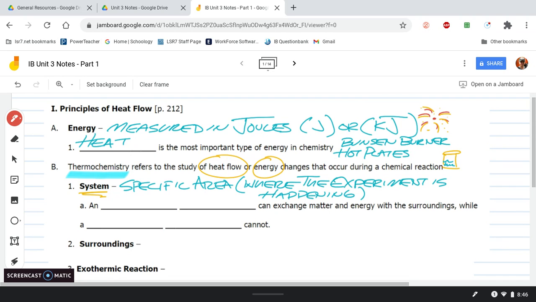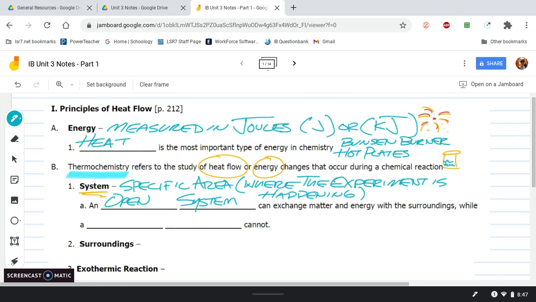So we have two types of systems. We have open and we have closed. If we've got an open system, then that means the world can interact. An open system can exchange matter and energy with surroundings.